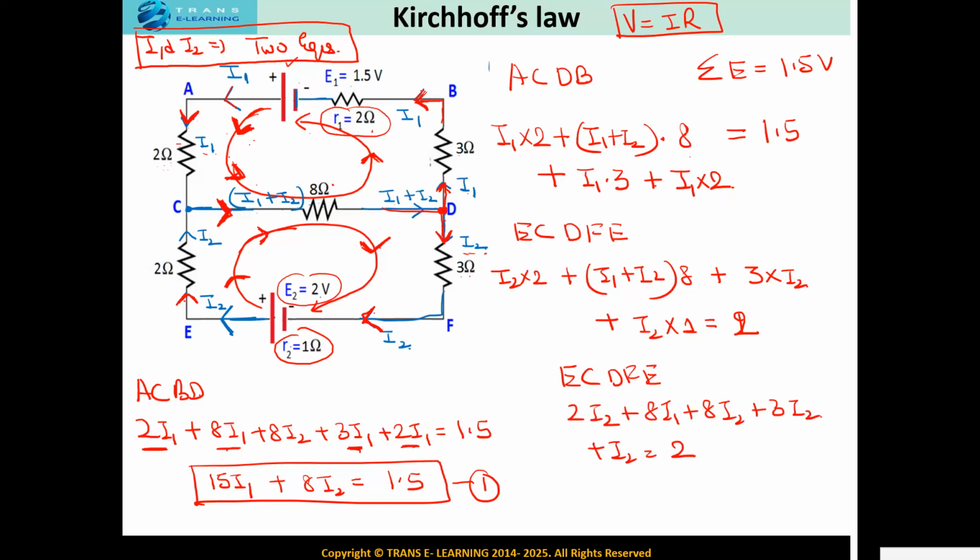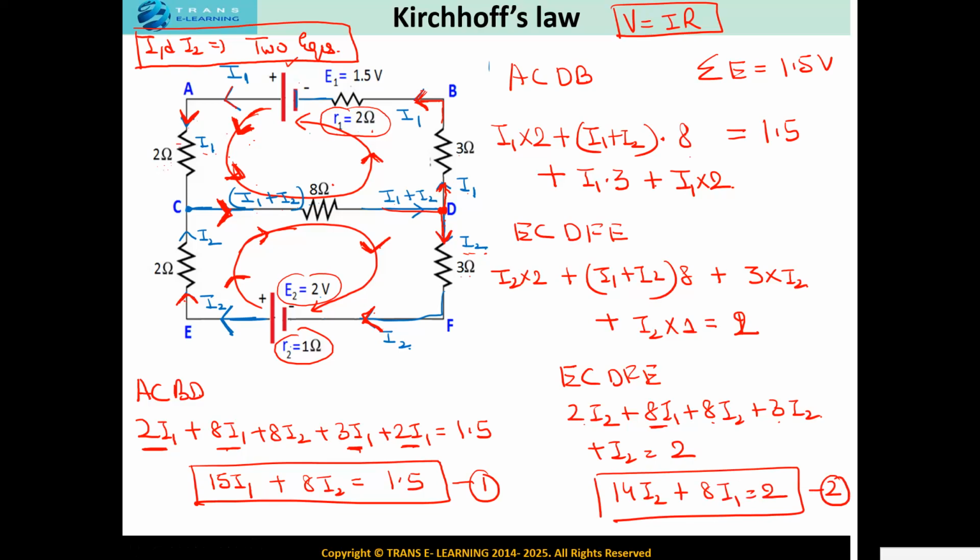Now if I solve this equation, we have 8I1 and 8I2, 3I2, 2I2 plus I2. So in this case, how many I2s will be there? 14I2 plus 8I1 will be equal to 2. So this is the second equation that you're going to solve.